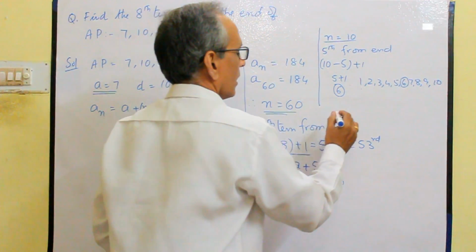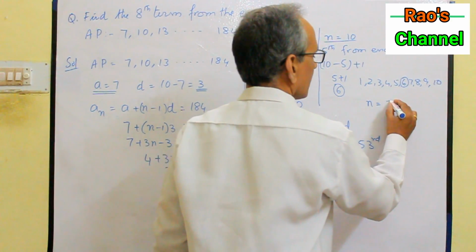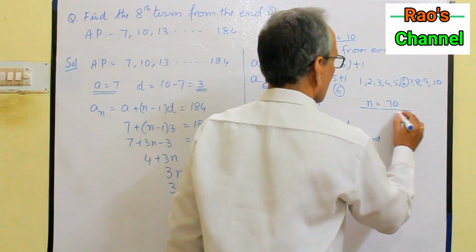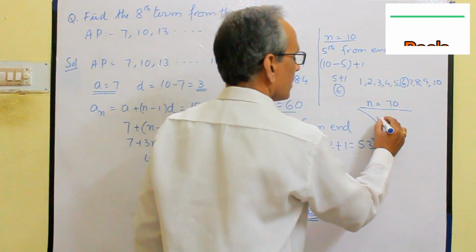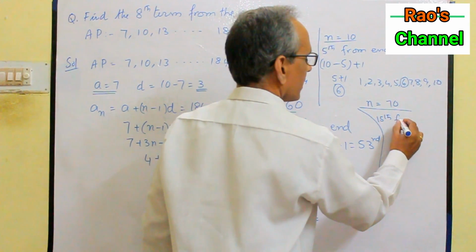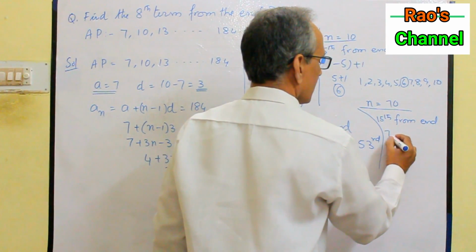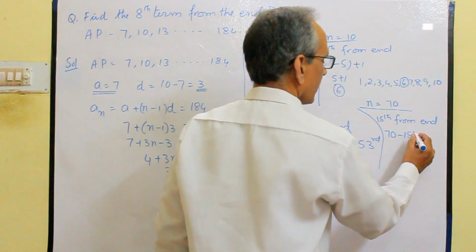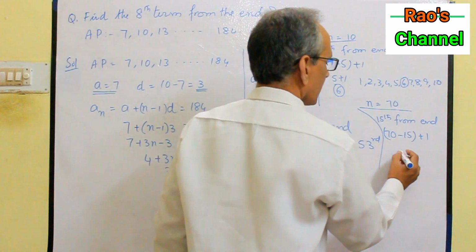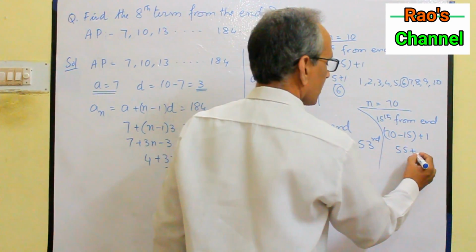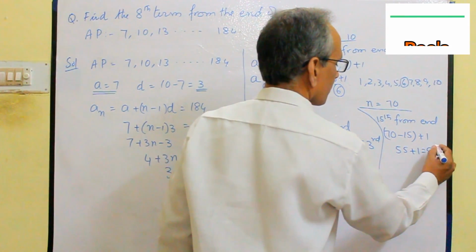Clear? If n is 70, what is the 15th term from the end? That is 70 minus 15 plus 1, that is 55 plus 1, that is the 56th term.